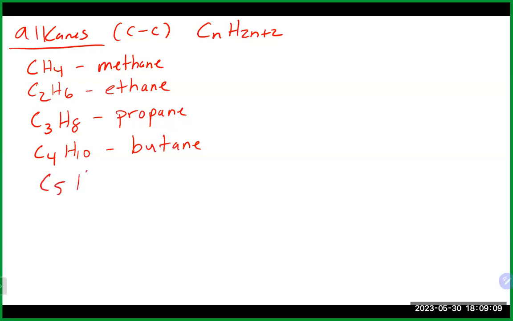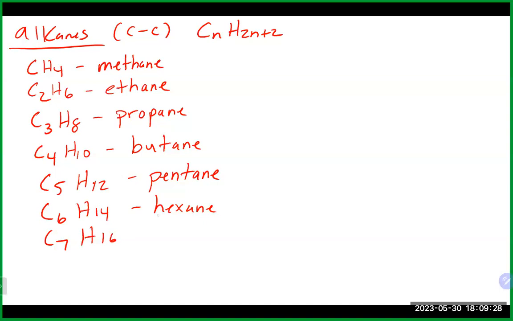5 carbons will get you 12 hydrogens, and that will be pentane. 6 carbons will get you 14 hydrogens, which is hexane. 7 carbons will get you 16 hydrogens, which is heptane. 8 carbons gets you 18 hydrogens, which is octane.